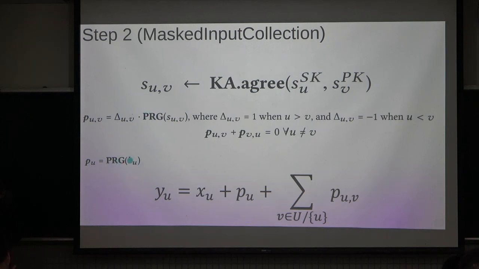This PRG means pseudo-random generator, because our B and this S is just one number, but the AI model has many numbers. So we need the pseudo-random generator. It takes one number as the input and it can generate many numbers. So we can protect the whole AI model.